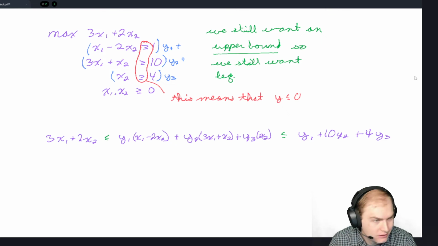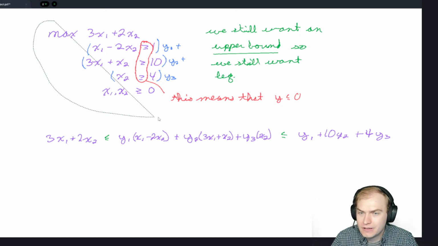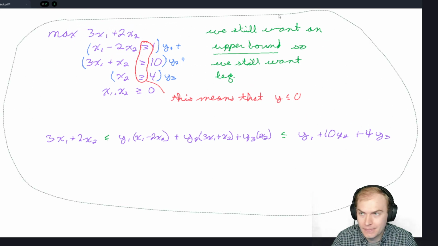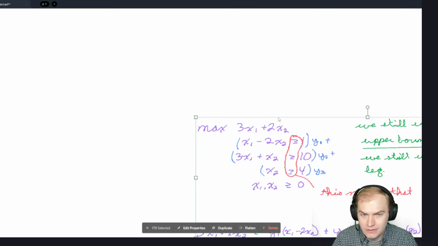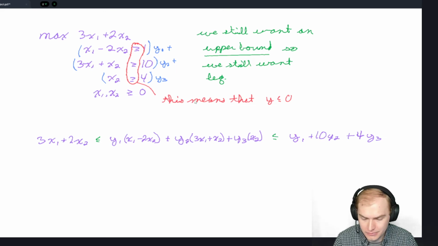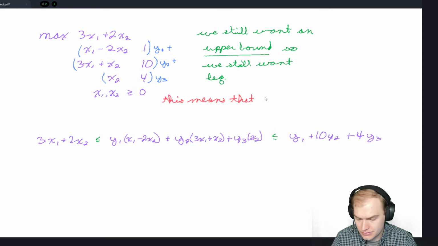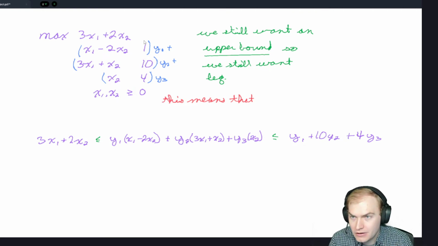So now, what if, let's copy all of this again one more time. And let's think about what happens if we have equality constraints.